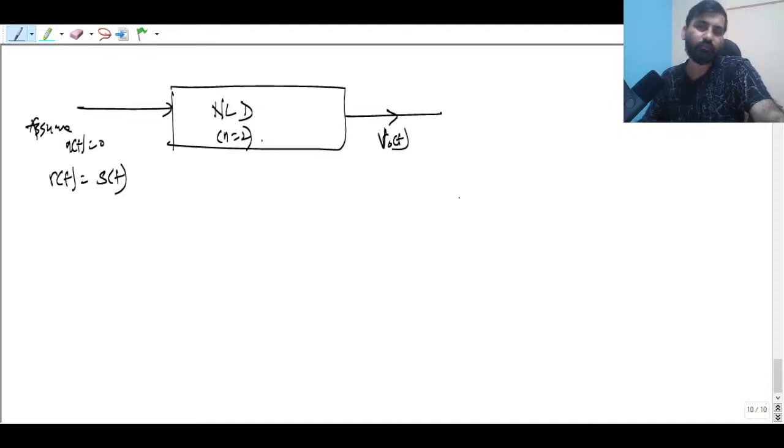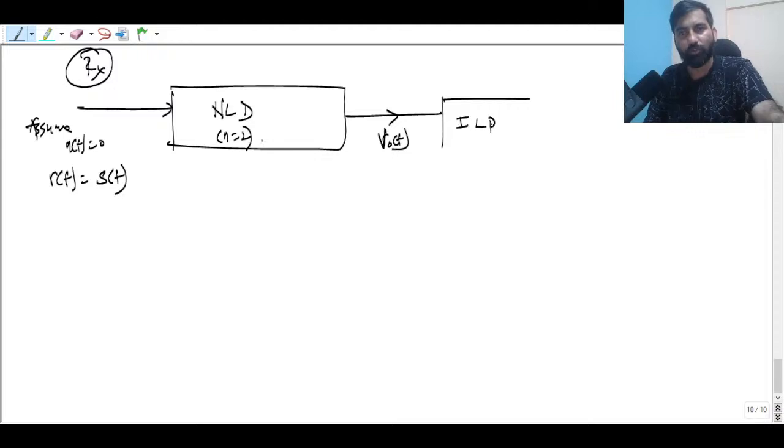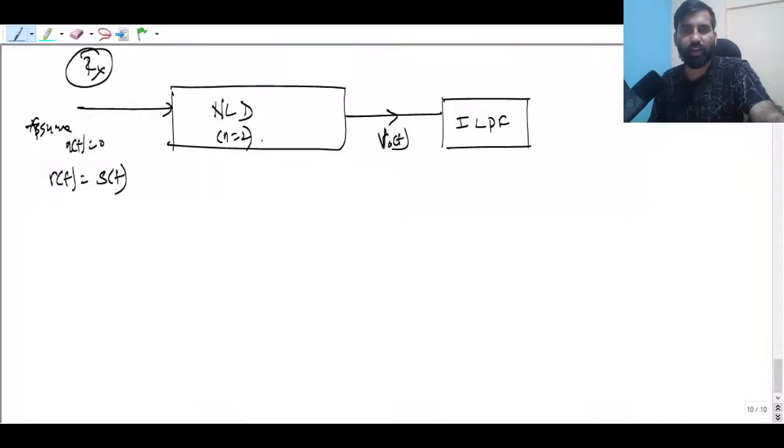Output T. Then can you tell me what kind of filter I am going to use here? I will use the low pass filter, and that should be an ideal low pass filter. I think everybody knows the meaning of ideal low pass filter.